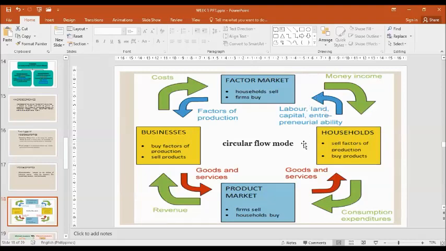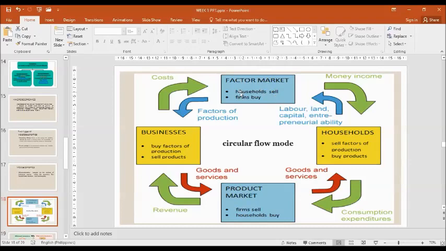Here, the household sells factors of production, such as labor, land, capital, and entrepreneurship or entrepreneurial ability. So labor provides service, land, capital or the fund, and entrepreneurial ability to the businesses through the factor market.